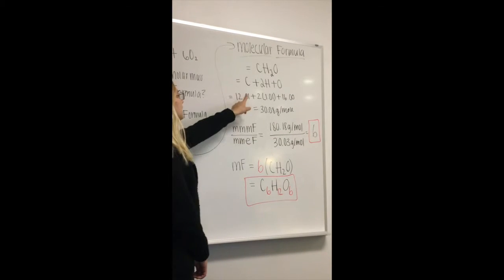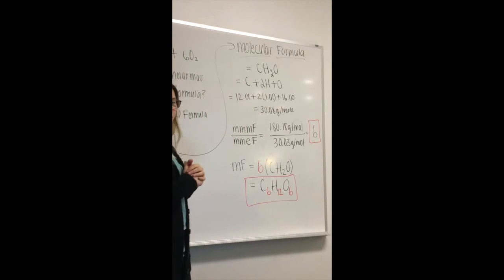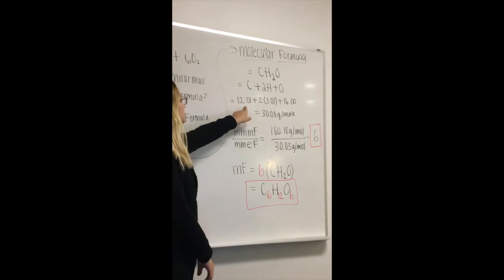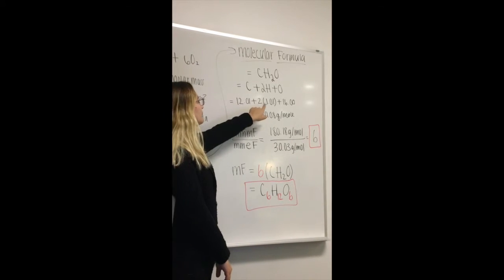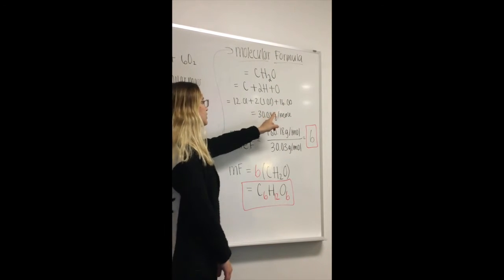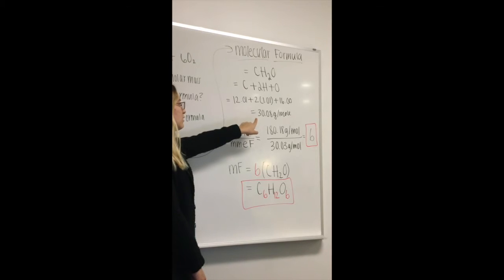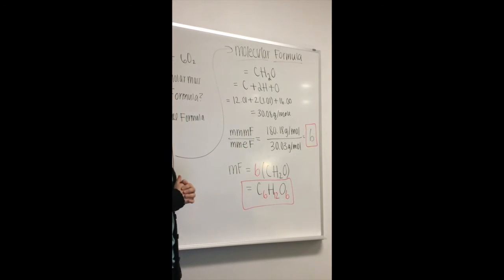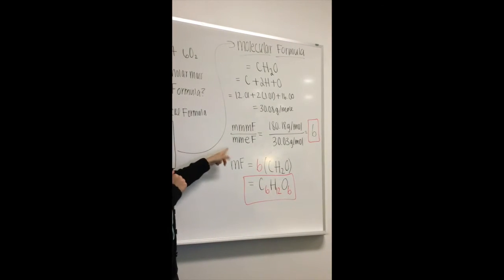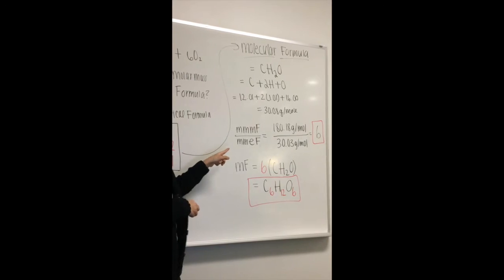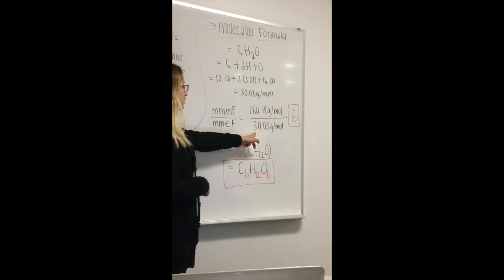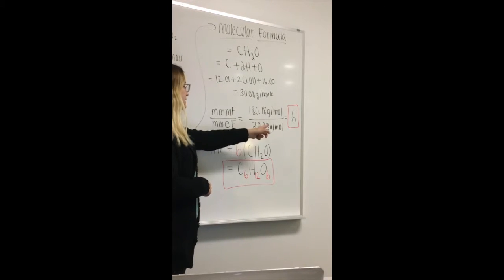So we have C plus 2H plus O. And then we plug in the molar mass, which is 12.01 for carbon plus 2 times 1.01 for hydrogen plus 16.00 for oxygen. Overall gives us 30.03 grams per mole. Next, we divide the molecular molar mass by the empirical molar mass, which is 180.18 grams per mole divided by 30.03 grams per mole, which gives us 6.